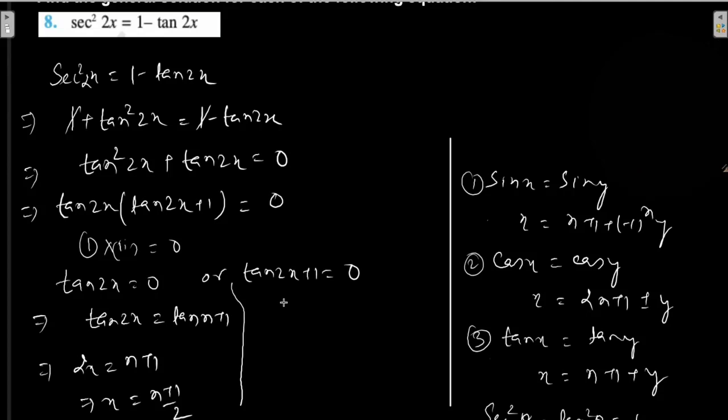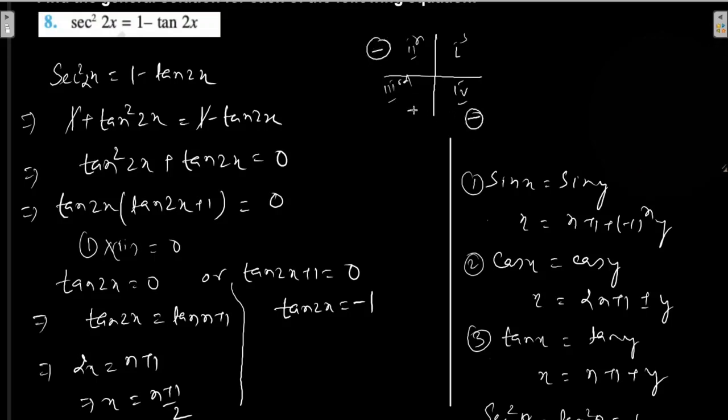Look at the second one, wherein my tan 2x is equals to minus 1. Alright. Now you got to look at where my tan theta would be negative. When you look at the coordinate system, you see first, second, third and fourth. You have tan theta negative in second quadrant and in fourth quadrant.